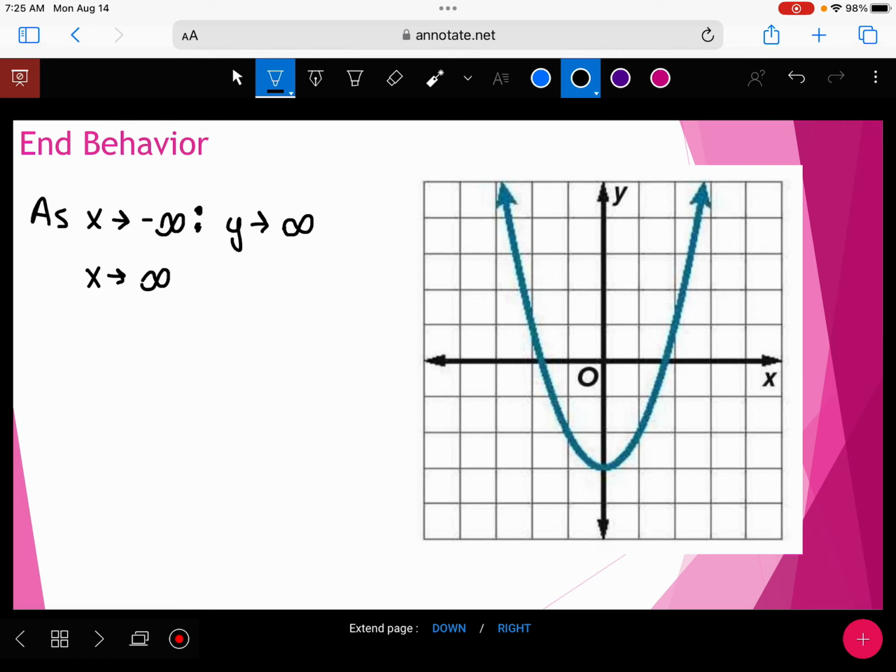As x goes more and more to the right, what happens to my y's? Positive infinity. They're going up as well. If it's going up, it's going to positive infinity.